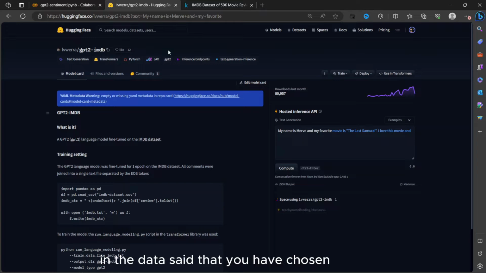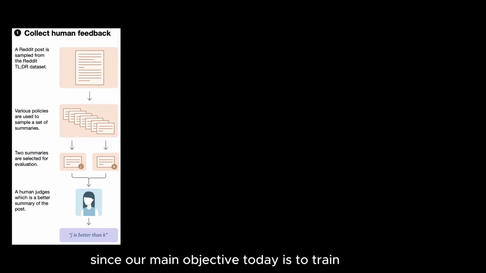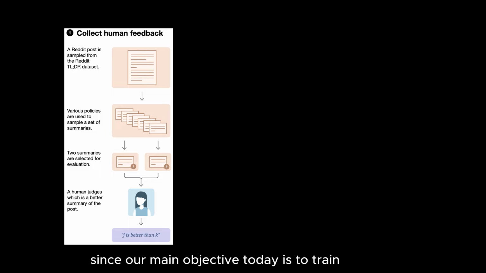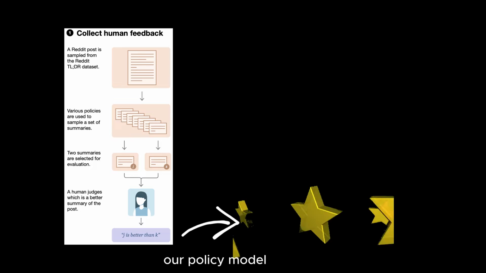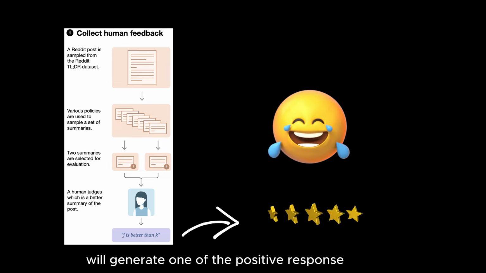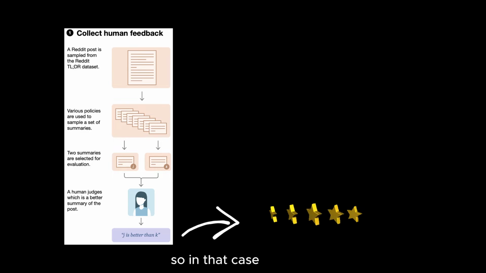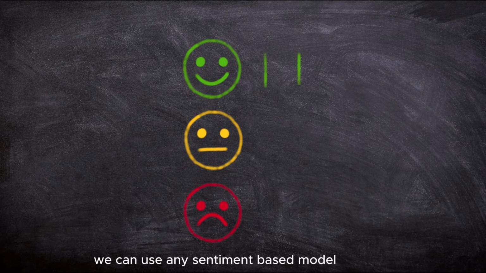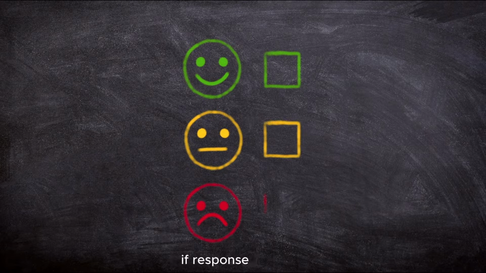that you have chosen. So, for the second step, since our main objective today is to train our policy model to generate only positive responses, we can use any sentiment-based model that flags if a response is positive or not.